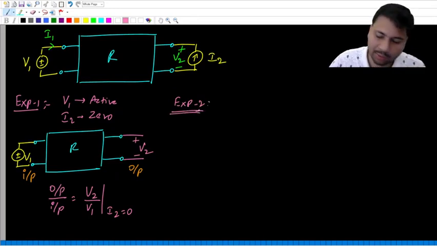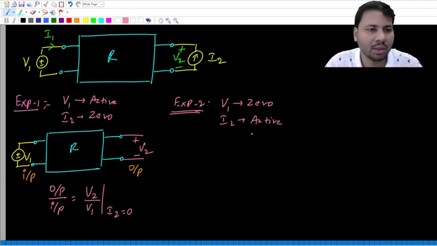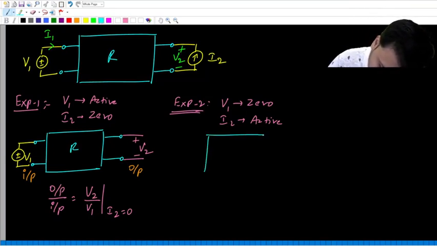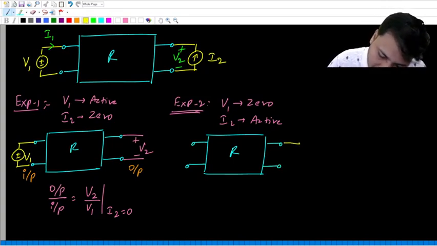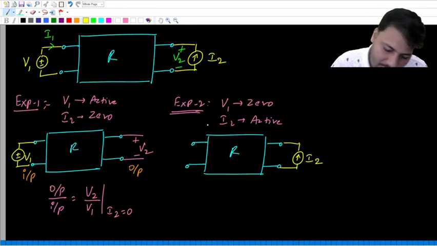In the same way, let's perform the other experiment where the voltage source V1 is made 0 and the current source I2 is kept active. This time the current source I2 is active, and on the left hand side, we have the voltage source V1, which becomes 0.